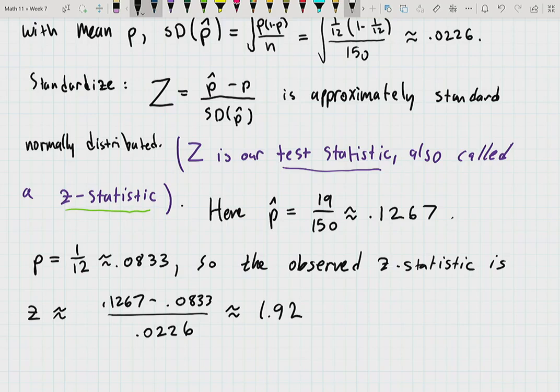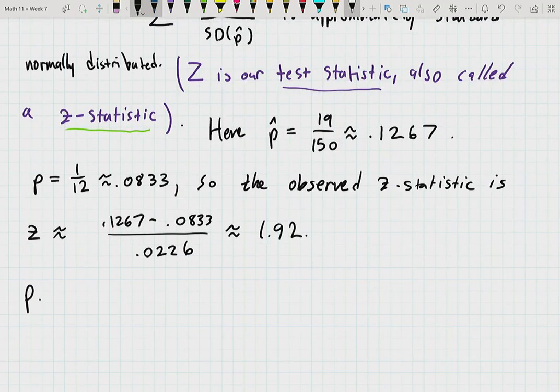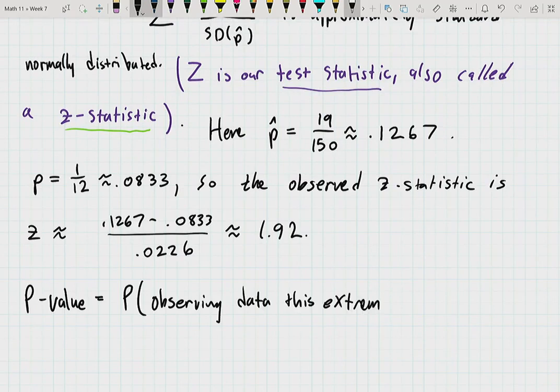How unusual is this? So the p-value is the probability of observing data that's this extreme, given the null hypothesis.